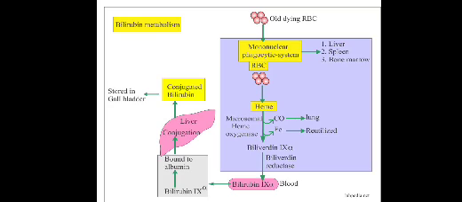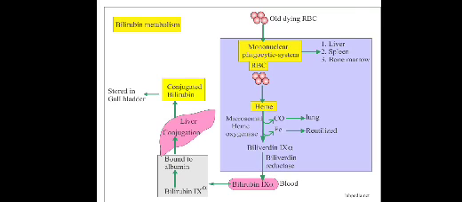Now you see the old dying RBCs. The mononuclear phagocytic system is where the degradation of RBC takes place: the liver, spleen, and bone marrow, and most of this destruction of RBC takes place in the spleen.